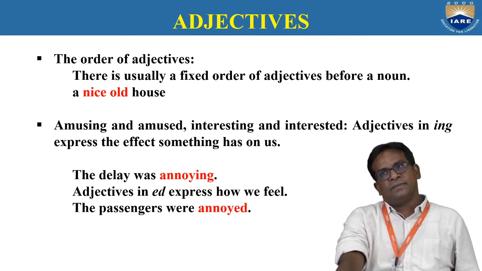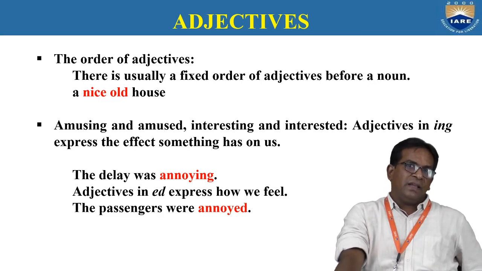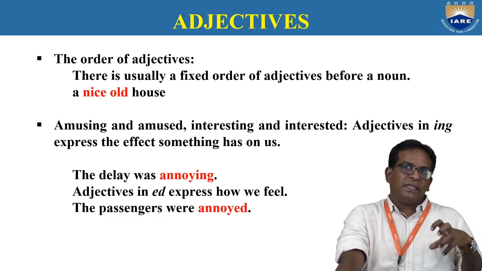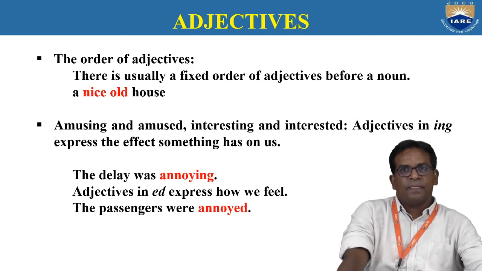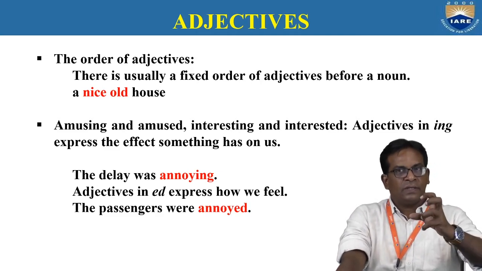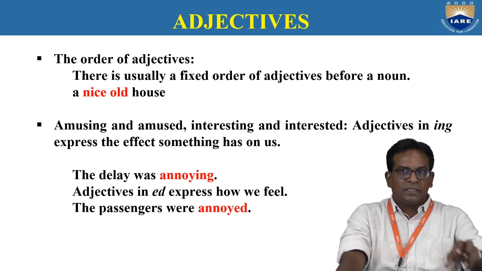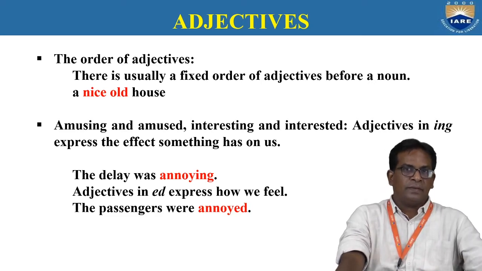Interesting and interested. Adjectives in the present participle express the effect something has on us. The delay was annoying. See, some effect. The delay was annoying. It is a present participle, from annoy.